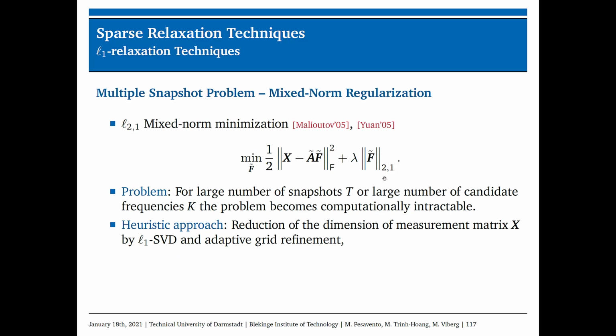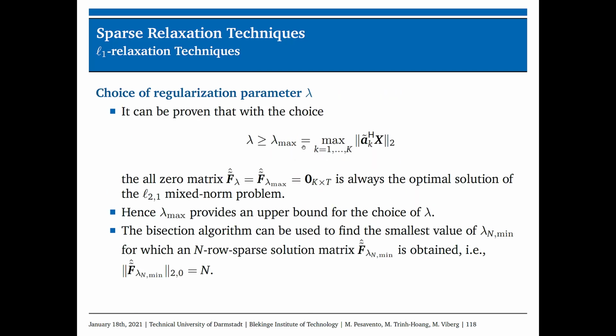If we increase the value of lambda, we will obtain a solution with improved sparsity, however, at the expense of matching performance. We search for a solution with exactly n non-zero rows, provided that we know the exact number of sources, which was also our assumption in the context of the other DOA estimation methods that we discussed before.